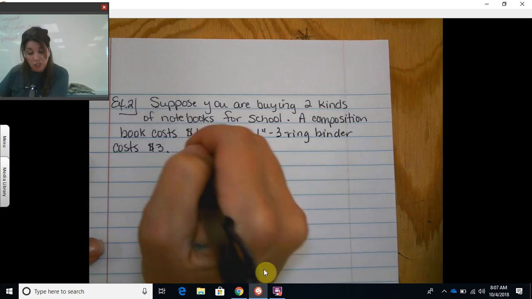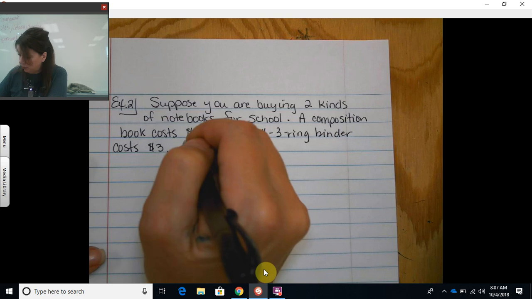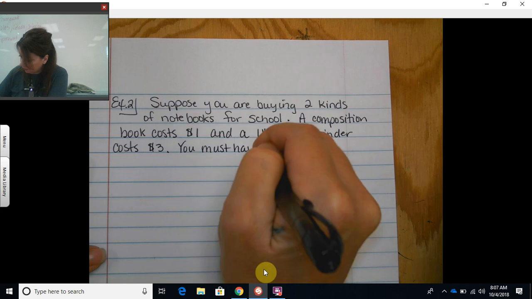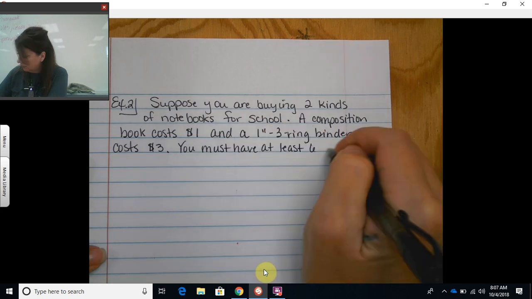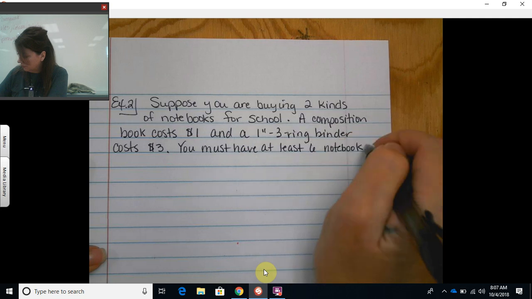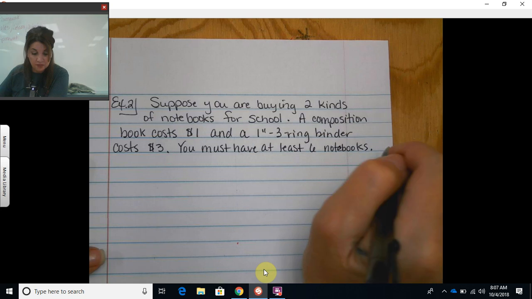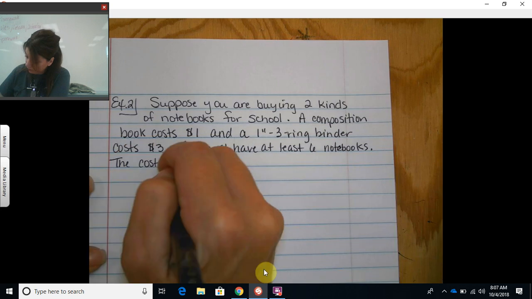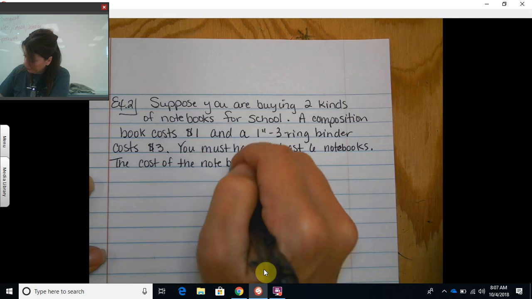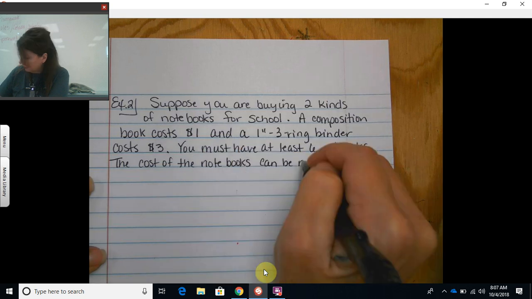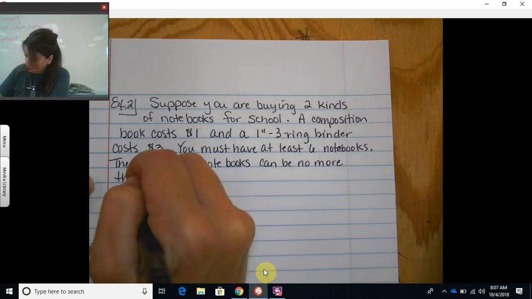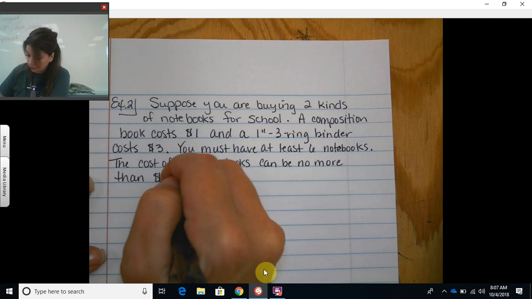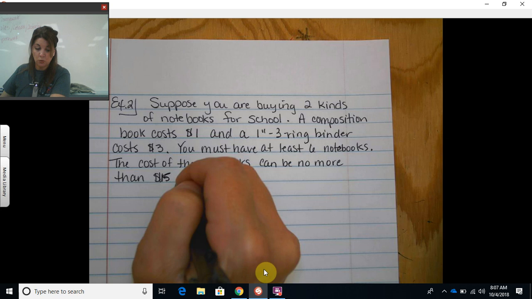You must have at least 6 notebooks. The cost of the notebooks can be no more than $15. Write a system of inequalities to model the situation.